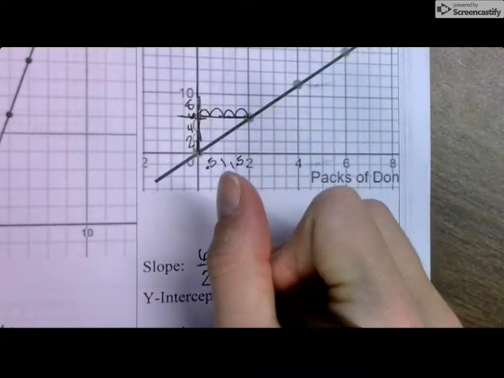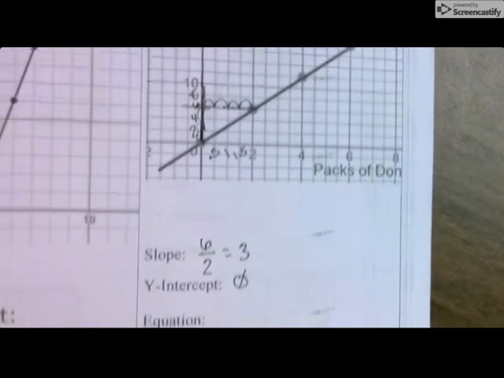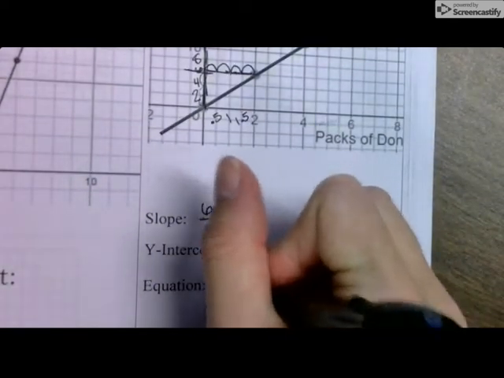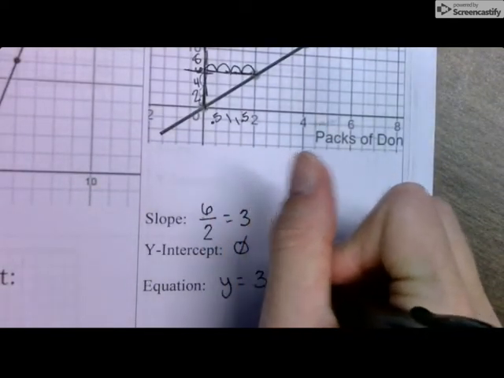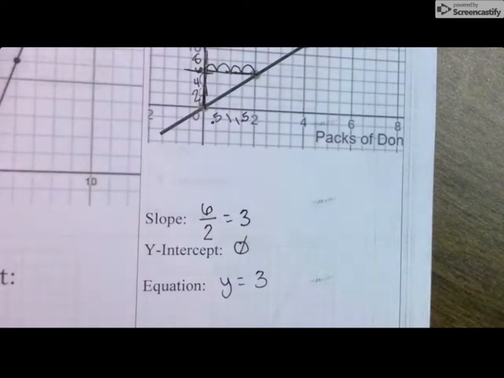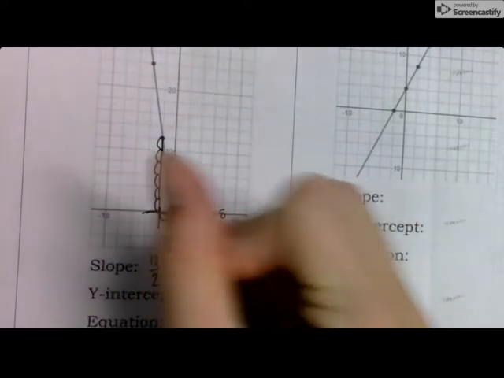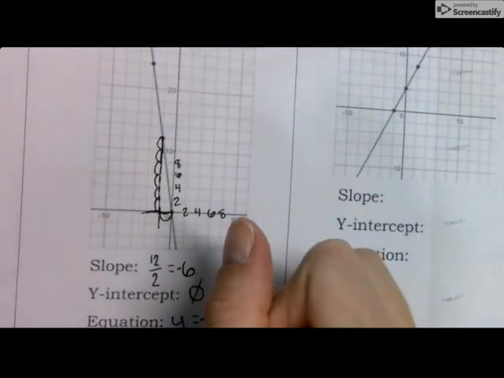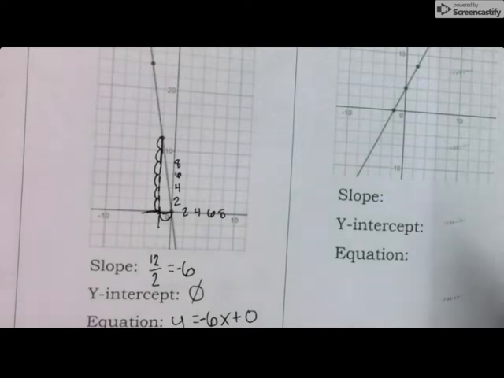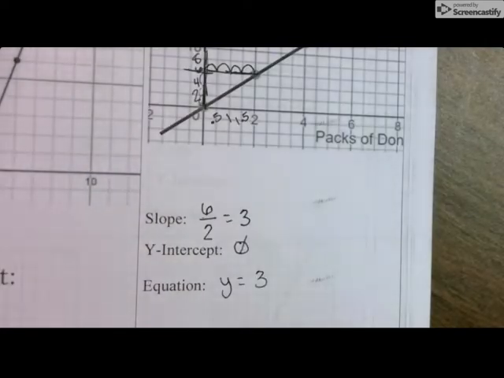My y-intercept for this one is still 0, just like the other one. So we have y equals, I put that, my bad, on that first page, this should have been a negative. That's my fault. I just realized that. My fault. All right. This should be 3x plus 0, or just 3x. Okay?